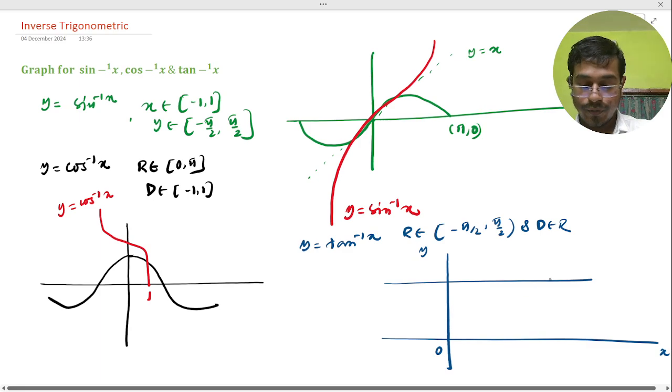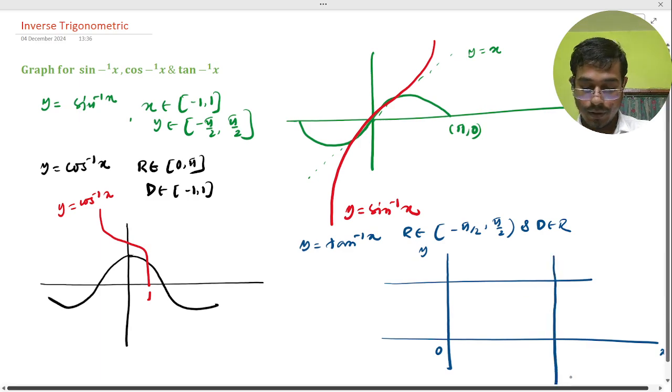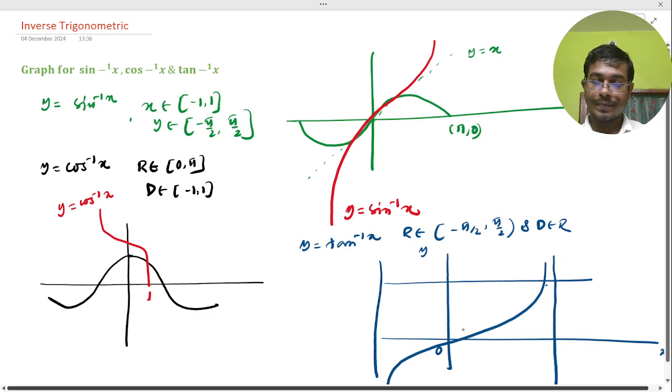This one is one portion, so another portion. You know the graph of tan inverse x is basically like that. This graph is for y equal to tan x. For tan inverse x, we just draw by the concept of the range and the domain, and the graph would look like that in this quadrant. Just be very careful.